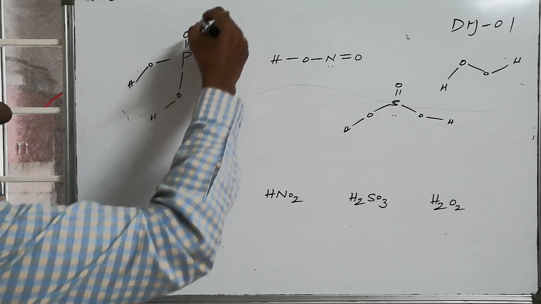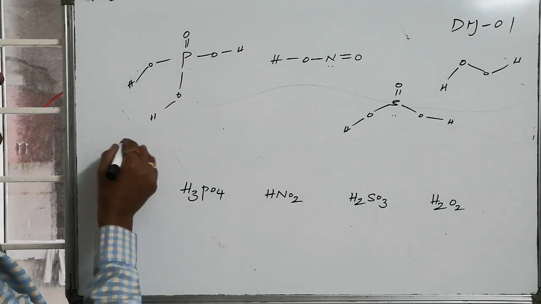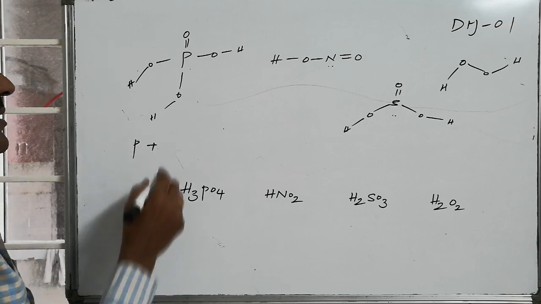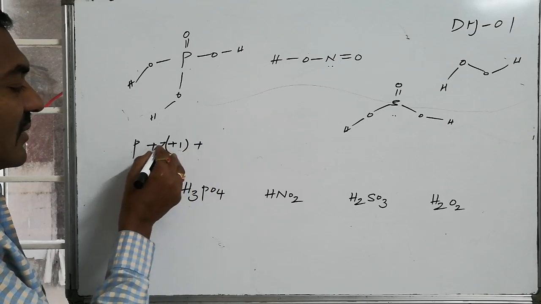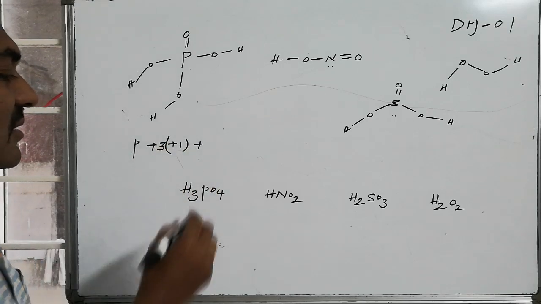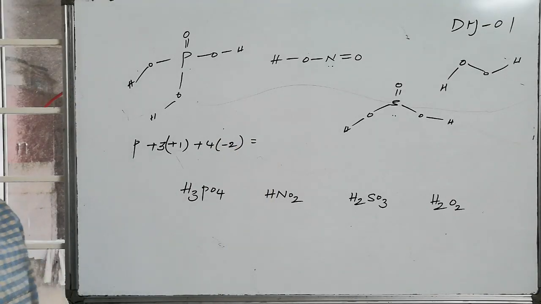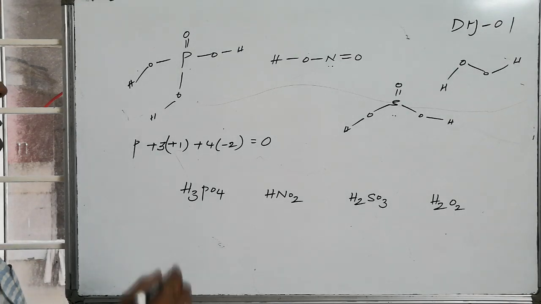If I calculate the oxidation number with the second method, suppose I want to calculate phosphorus in H3PO4: hydrogen always maintains +1, with 3 hydrogens, and oxygen always maintains -2. As it is a compound, the total sum becomes equal to 0.